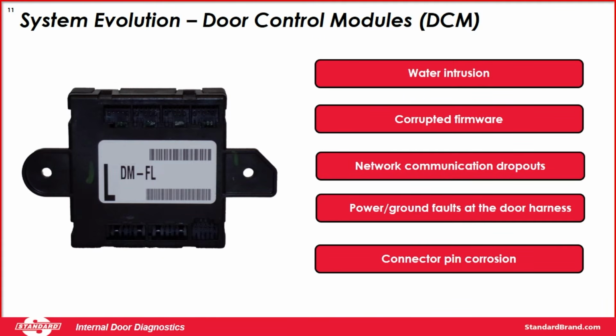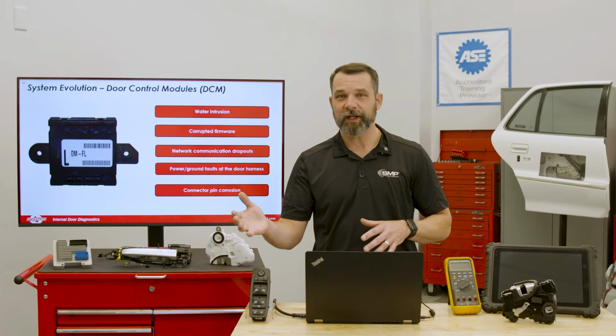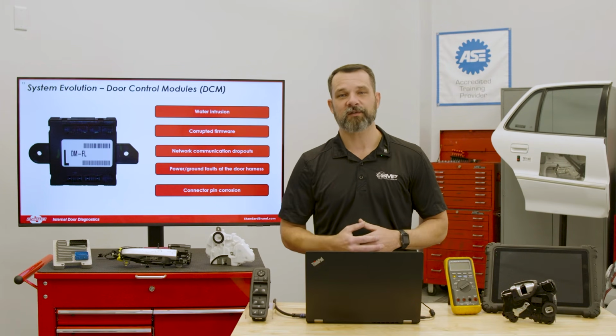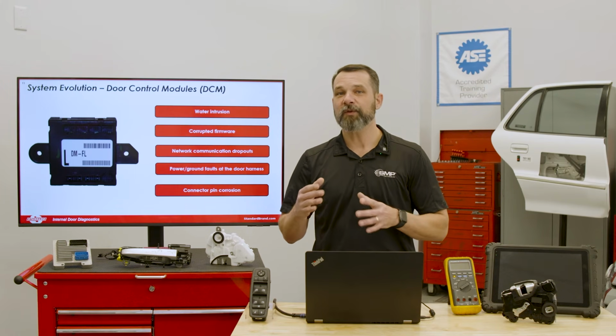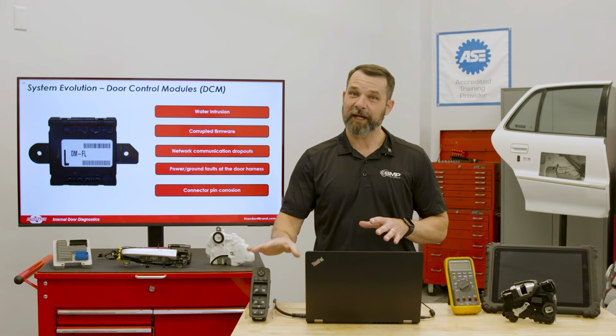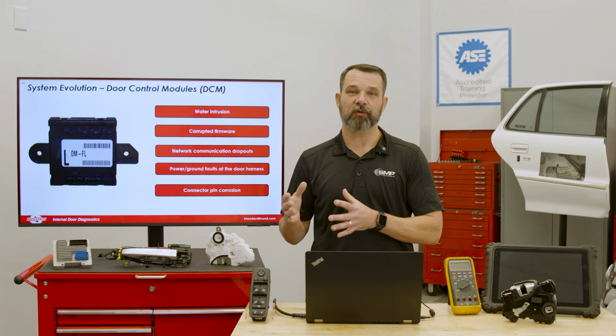Anytime we have a connector or anything electrical going on, there's that possibility that we can have connector pin corrosion as well. And sadly, it really only takes one good rain with a window down to create a lot of havoc with things like this and all of these system components. And it's important to note here that a failing door control module may mimic a bad switch or a bad motor. So identifying the network behavior is very crucial.